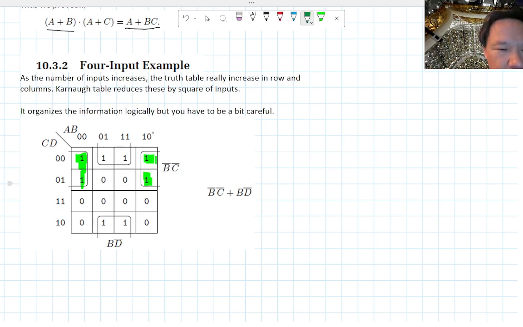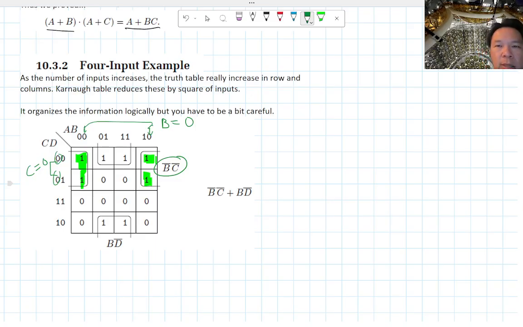B is 0 here, B is also 0 here. Oops, not B, C is also 0. So it's actually an AND of the opposite of B and C, and you label that B bar, C bar.